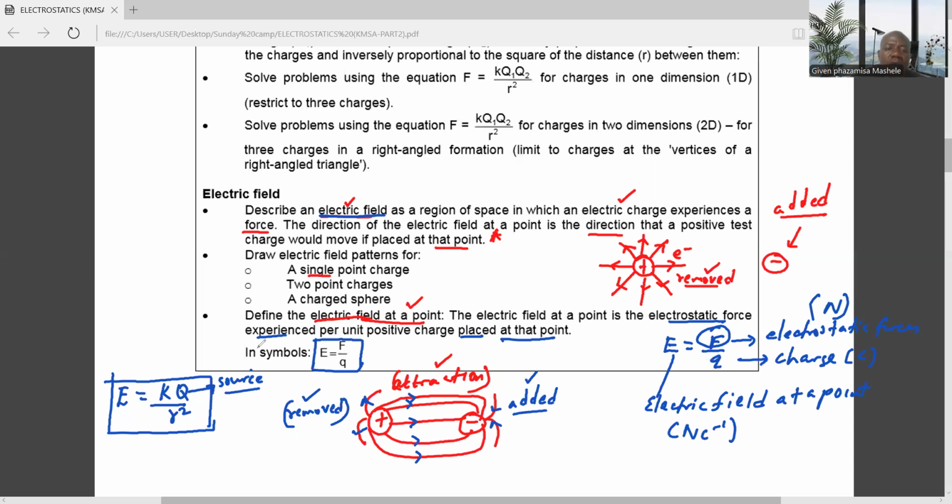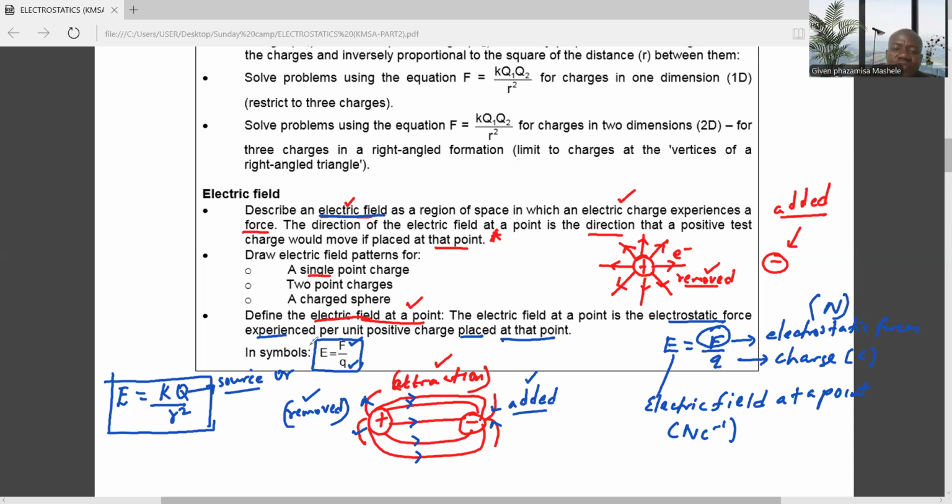So why am I saying that when we are calculating the electric field at a point, we can use force divided by the test charge, or we can use K times Q over R squared? I think I'll explain this while we are going through the examples.